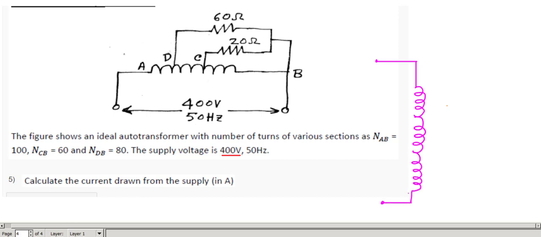Okay, so I reconstructed this: A, and this is point D, and I have a point C, and a point B. I have 60 ohms here, and 60 ohms here, and 20 ohms here.